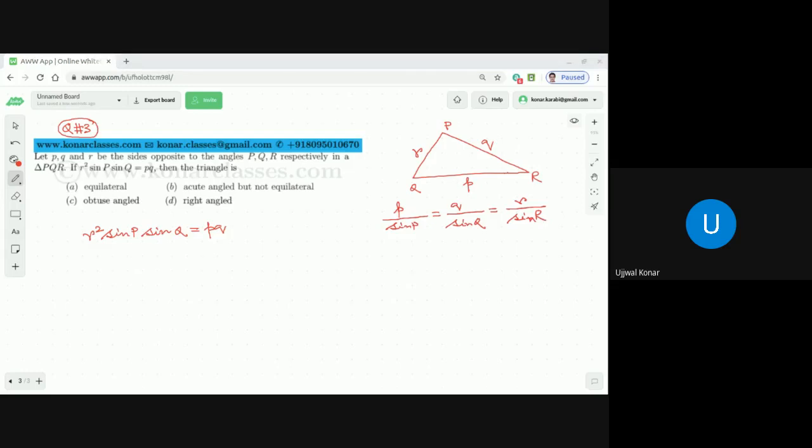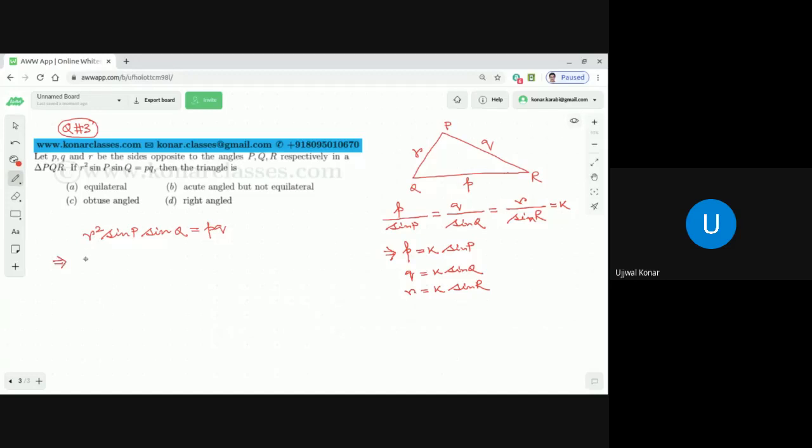So we can assume this is equal to K, suppose K being a real number, then r square should be equal to K square sine square R, isn't it? So let's write it down. Then p is equal to K sine P, q is equal to K sine Q, and r is equal to K sine R. Now let's apply all these values here.